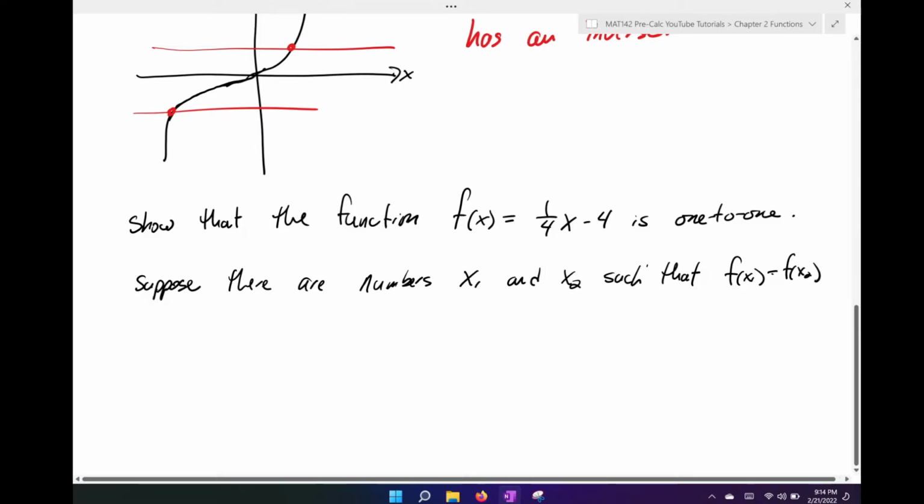That is literally just the definition copied down. I did nothing special there. Then we're going to find f of x1 and f of x2. And what we need to show is that x1 equals x2.